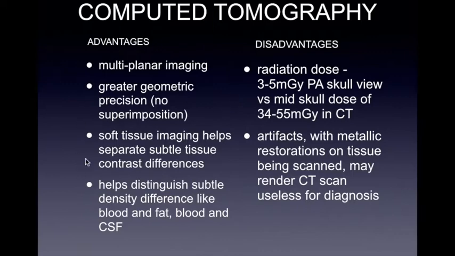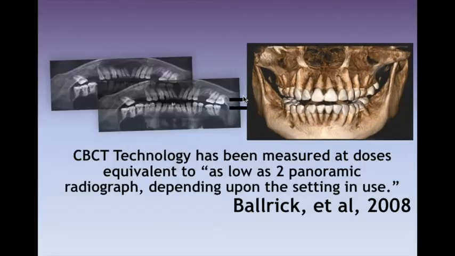So again, the advantage is that it has very good appreciation of the subtle changes of different densities, even fluids. It could also see three-dimensional objects because of how it takes the image, with good geometric precision, but it comes with a disadvantage.